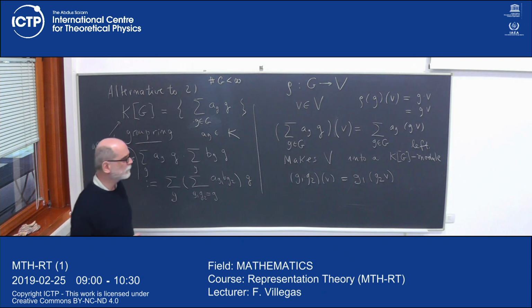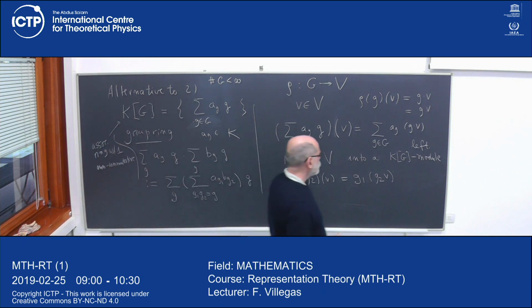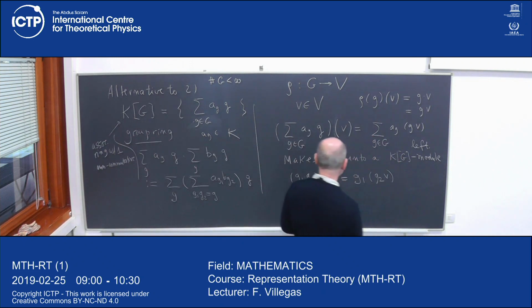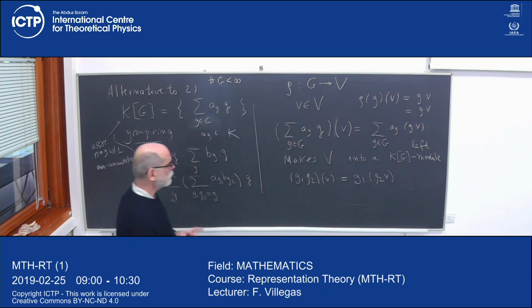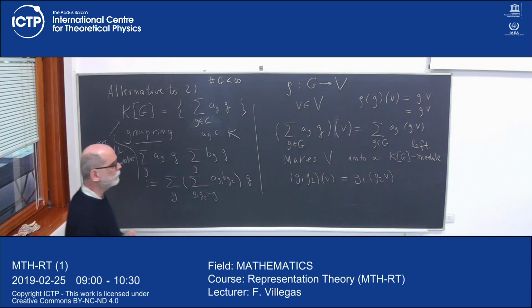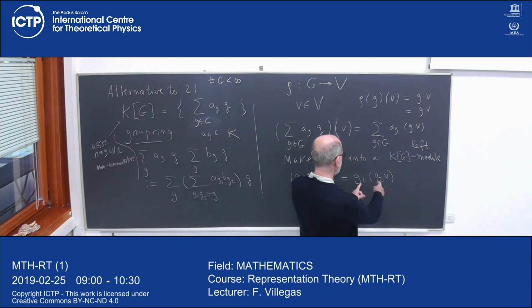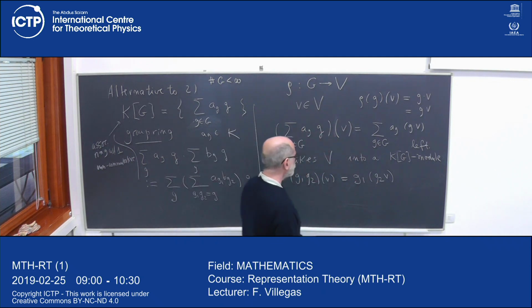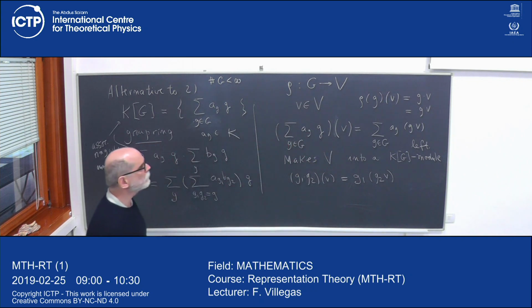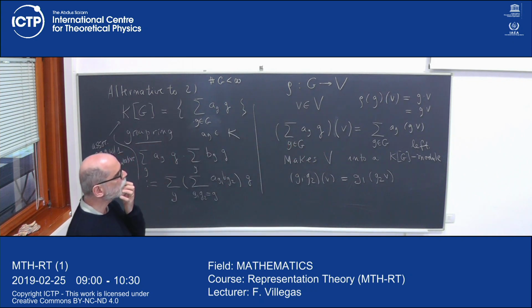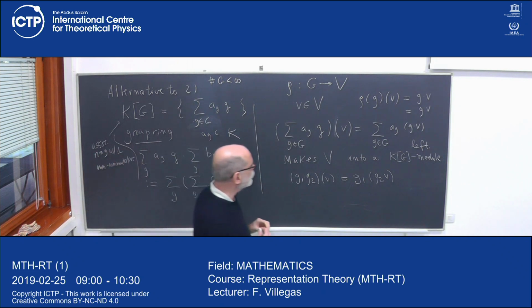And that's something that one has to keep track of. Sometimes it gets confusing, and if you write the wrong things you may get that g2 acts second and makes things a bit confusing. I'll come back to that when we encounter it.